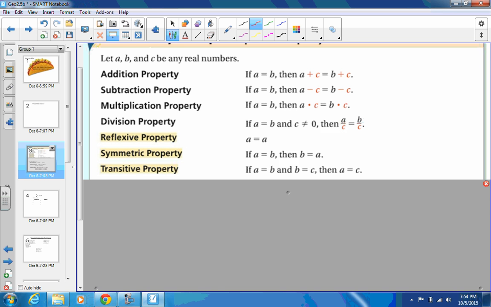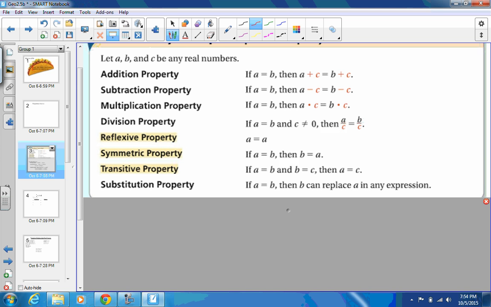So if A equals B, then we can say that B equals A. And then the transitive is similar to our law of syllogism that we did the other day: if A equals B and B equals C, then we can conclude that A also equals C. Our last one here was the substitution property, where if we know A is equal to B, then B can replace A in any expression, or A can replace B.